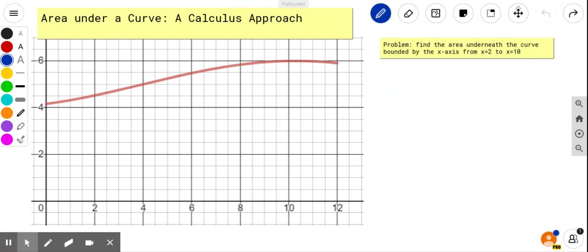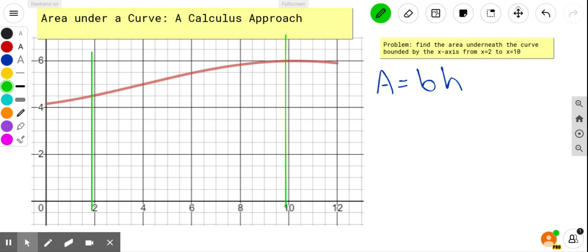Because what we can try to do now is we know that we want to find rectangles, and I know it has to be between 2 and 10, so kind of estimating that's what the picture would look like. And I know I want to use rectangles because rectangles are super nice. However, I can't just make one giant rectangle because it doesn't work.